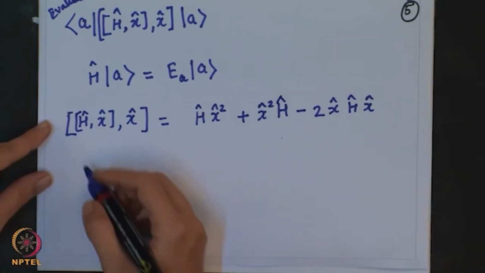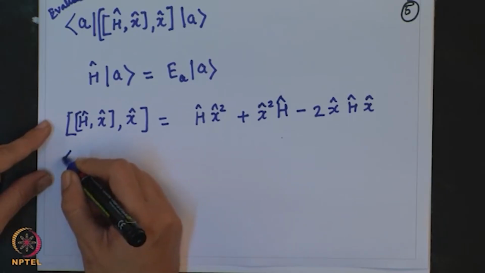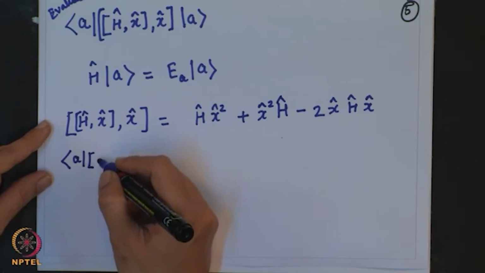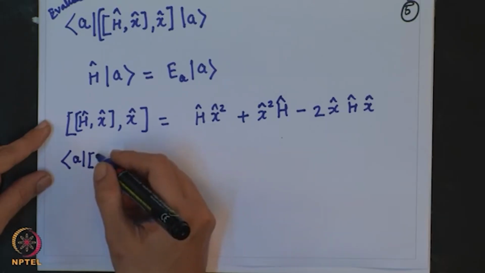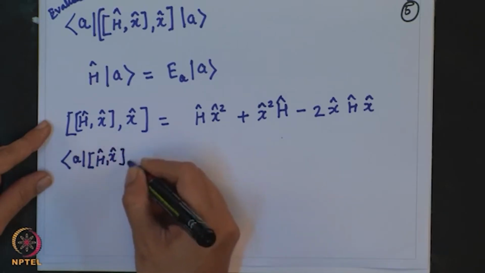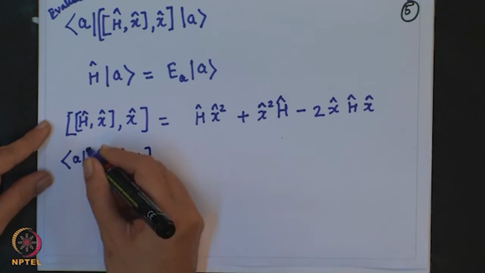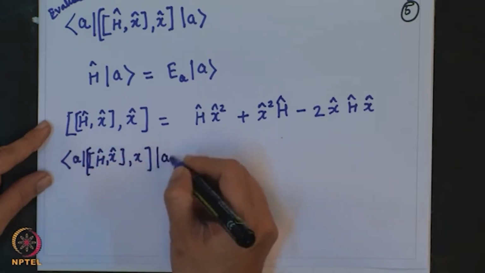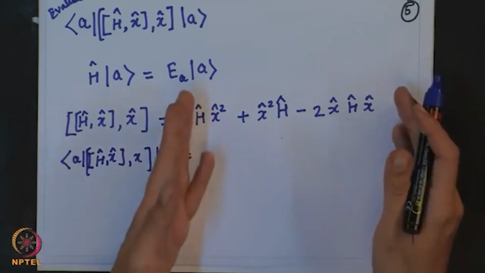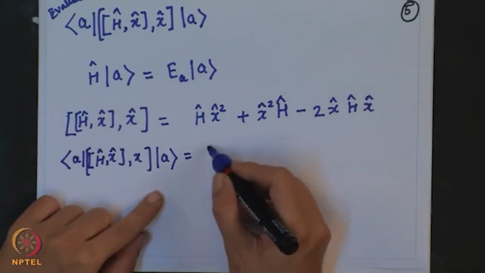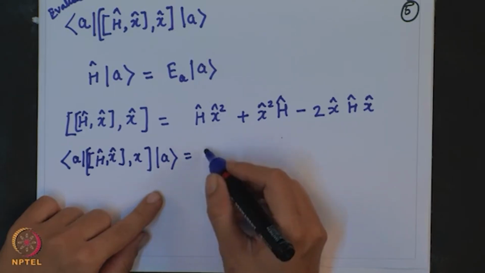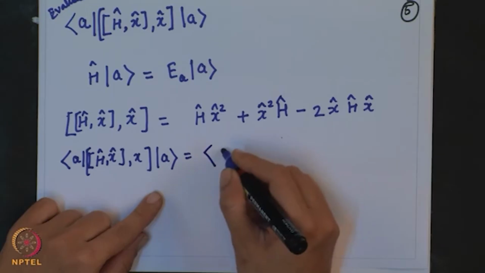Now, you will take this operator and sandwich it between the eigenstates a. When I place this entire thing on the eigenket a, what I obtain is the first term would give me a.